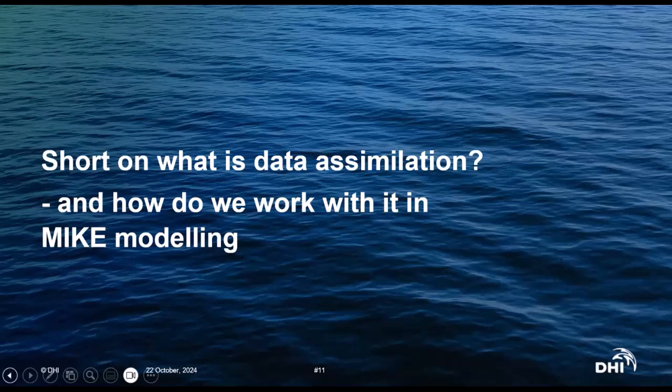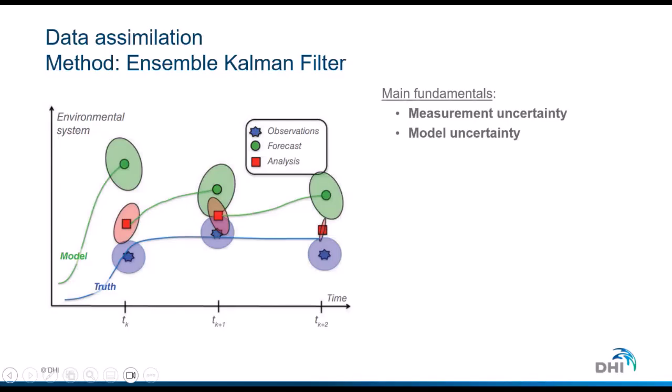So now we turn very shortly to what data assimilation is and how we work with it in MIKE modeling. The method that we are using most often in MIKE, and which we're using in what we're going to present today, is the so-called ensemble Kalman filter data assimilation method.